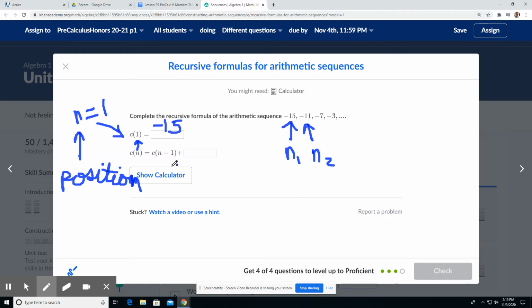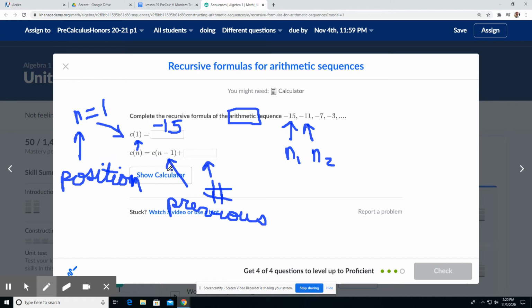Okay, now what this is saying is the previous entry, n minus 1, the previous entry plus some number usually. This is just a number because it is arithmetic. So remember, we either add or subtract a number. So we have our previous. What's our previous? That's our previous entry plus some number gives us our next entry.